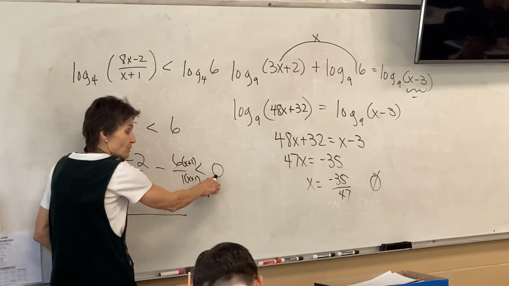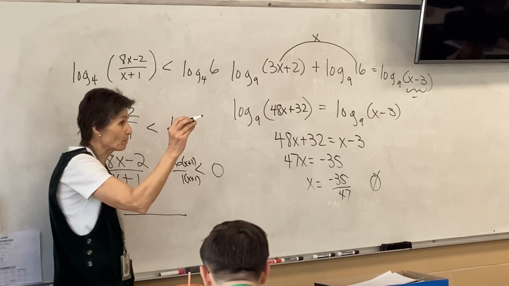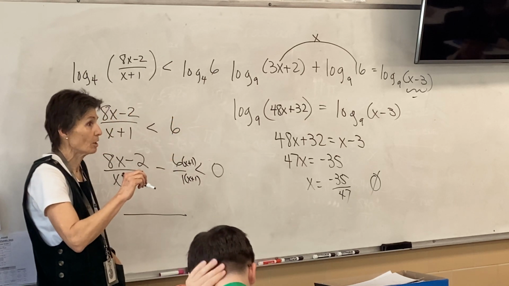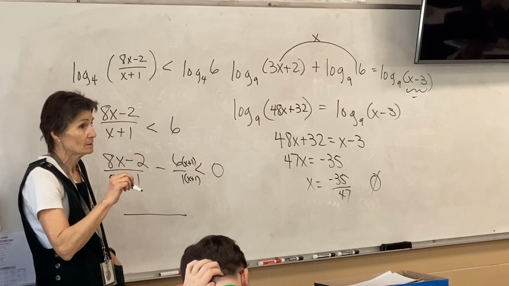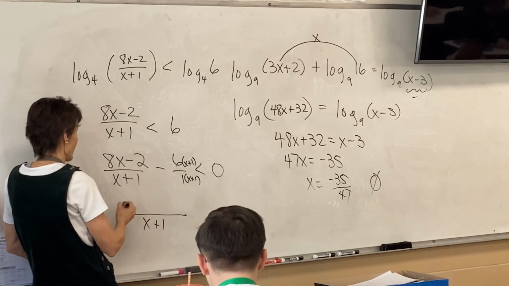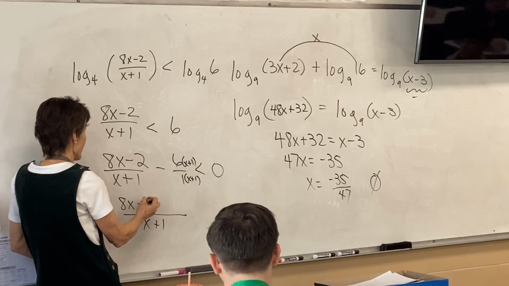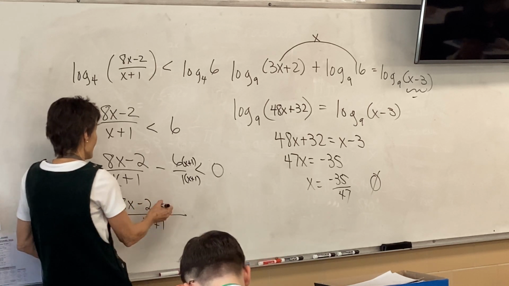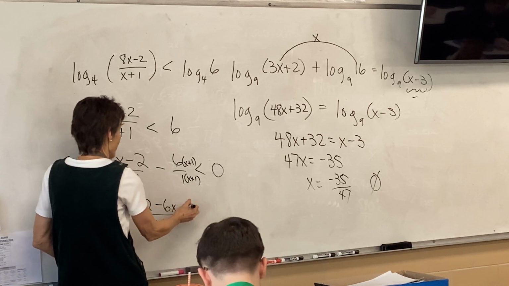Because I have a 0 there, I'm going to be able to draw a number line and do a sign chart, right? Because it's all about positive and negative. So what's my denominator? X plus 1. What's my numerator? 8x minus 2 minus 6x minus 6.